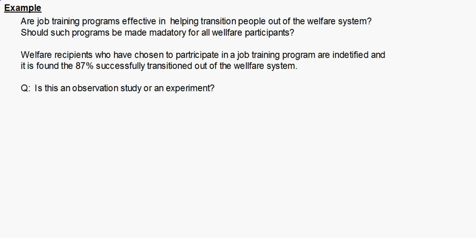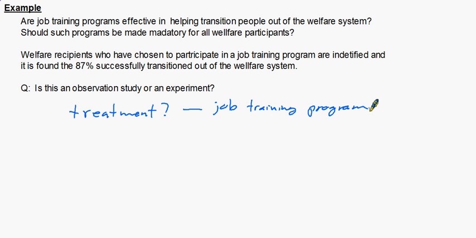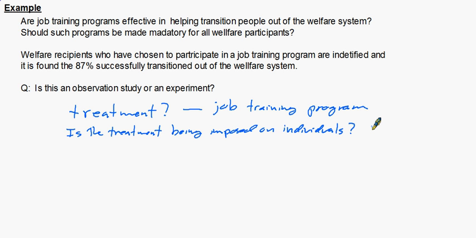Answering this question really comes down to, is there a treatment? And there is. There is a treatment. That's the job training program. Now, it's not just that there is a treatment, but how is that treatment applied? Is that treatment being imposed on individuals?